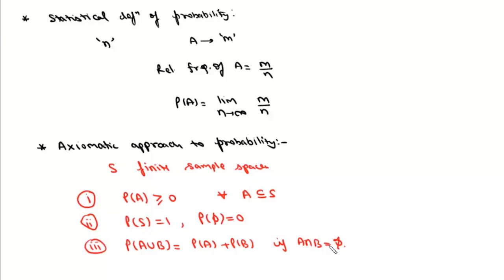So in this case, the image of set A under this function P is denoted by P(A), which is probability of event A. So in this axiomatic approach, we are taking probability as a function defined on the power set of S to real numbers R, satisfying these three conditions.